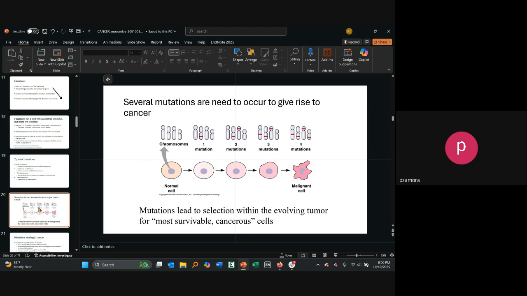These serial mutations lead to an increased selection within the evolving tumor mass, and the tumor cells are being selected for the most survivable and the most cancerous cells. Those are the ones that continue to survive and cause harm. And they are a result, again, of multiple serial mutation sequences.